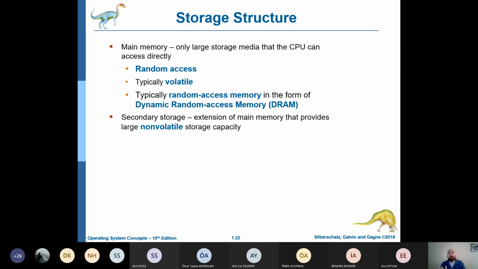The main requirement for secondary storage is that it be able to hold large quantities of data permanently. For that reason, we generally store our data, let's say multimedia and different types of large data, or our program codes, on secondary storage.